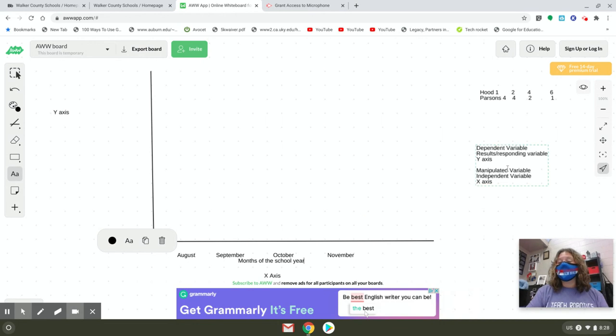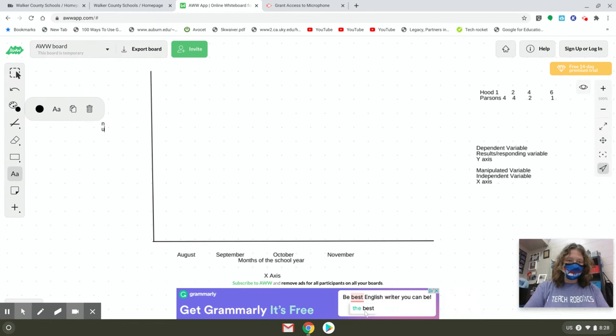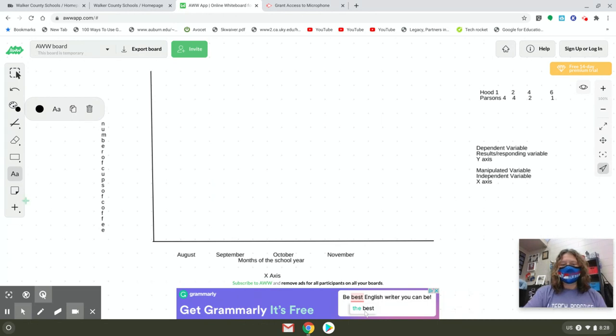And then for our dependent variable, our results. This is what you write down in your data table as you're doing your experiment. Our dependent variable is the number of cups of coffee that a teacher drinks, okay?